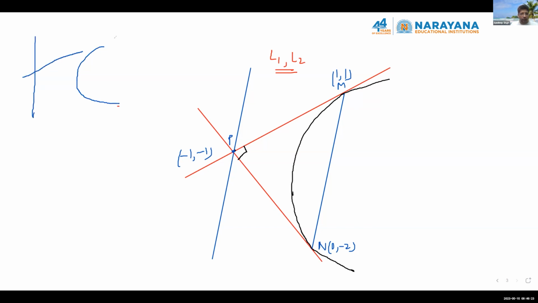I draw a tangent. Then this portion subtends a right angle at the corresponding focus. I'm using the word corresponding because this is also valid for ellipse and hyperbola. This property you remember? Yes, sir. Very good. That means this portion subtends a right angle at the focus.